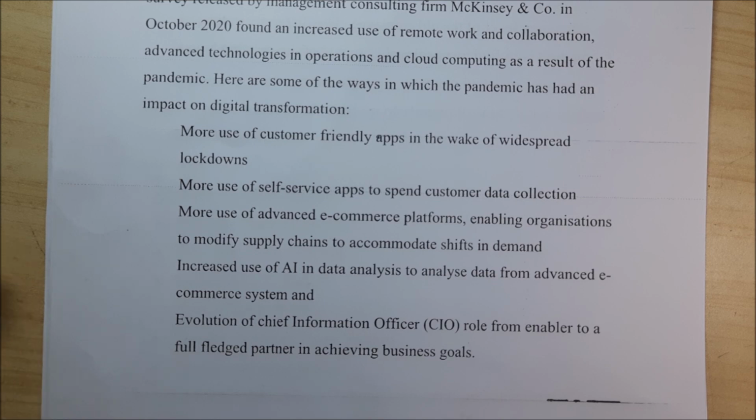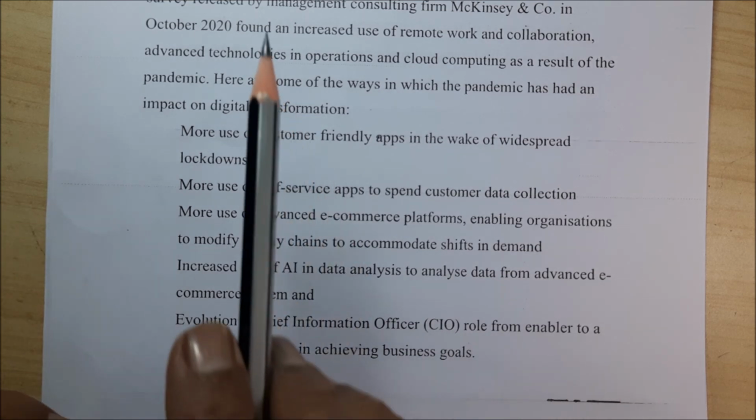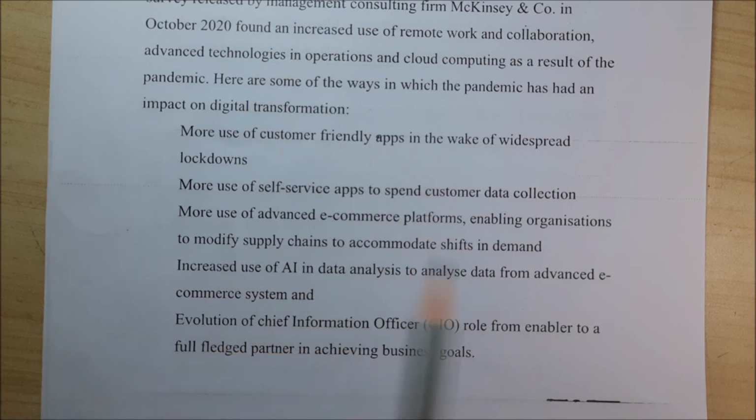So many things have taken place. Don't think that you are supposed to write only this. You can write in your own way how the transformation has taken place. That is very important, how you will answer this question.